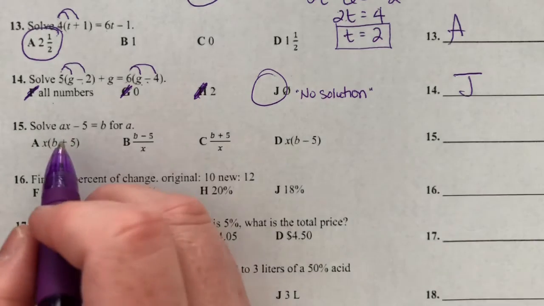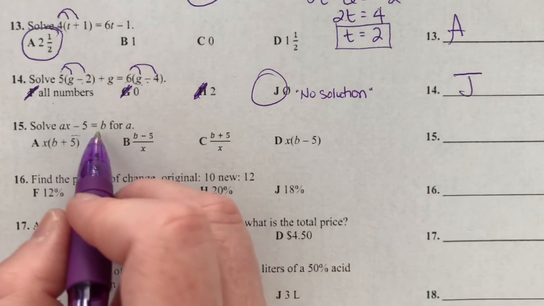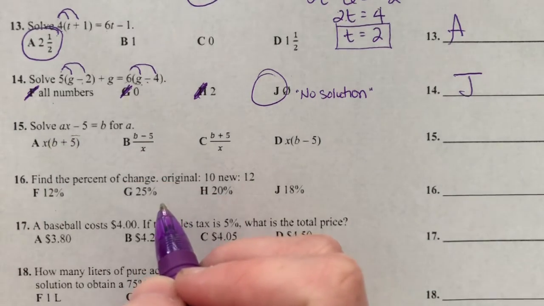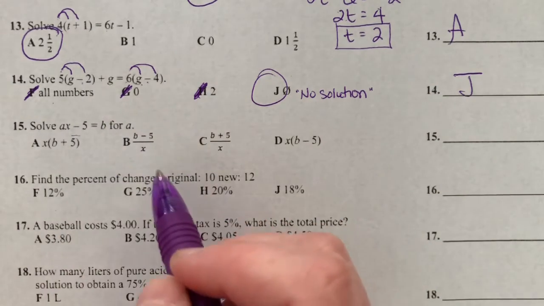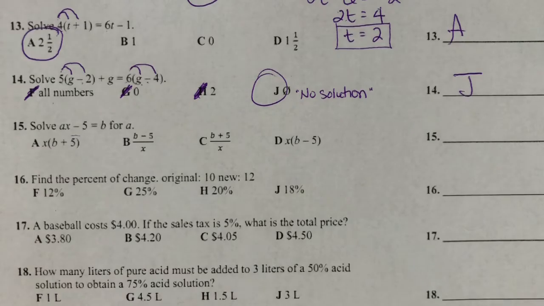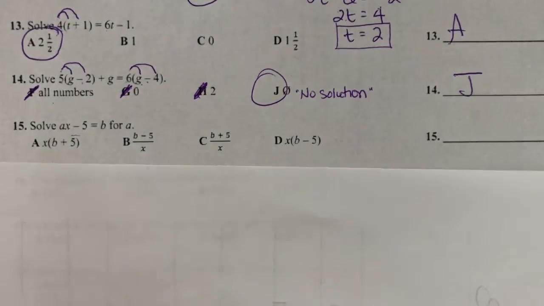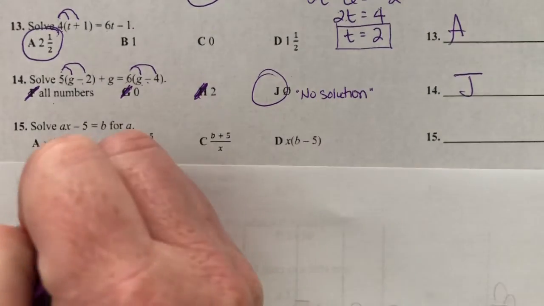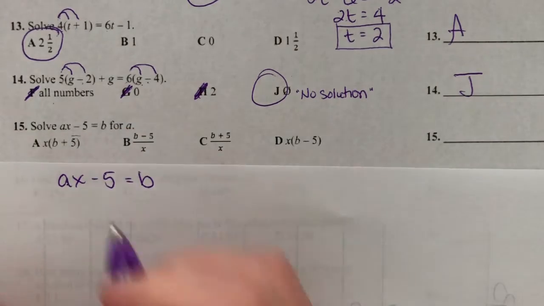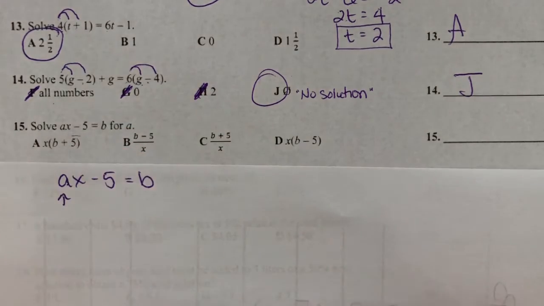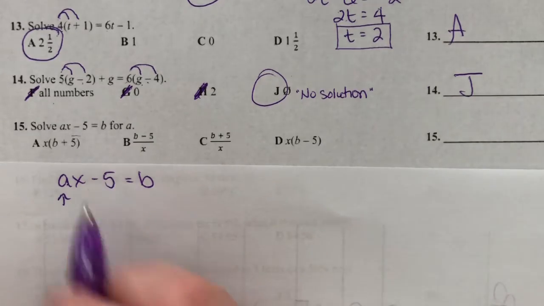Okay, number 15, solve ax minus 5 equals b for a. This is a literal equation, so we have to rearrange everything to get a by itself. So here's my paper. Ax minus 5 equals b, and I'm trying to get a by itself. So first thing I want to get rid of is this minus 5.